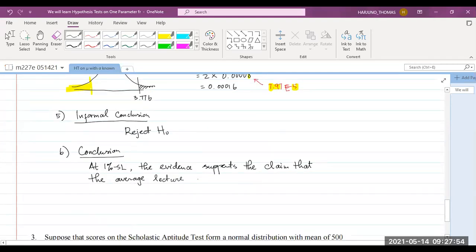Oh no, the evidence does not support the claim. The claim is 3,000, but the evidence supports otherwise.